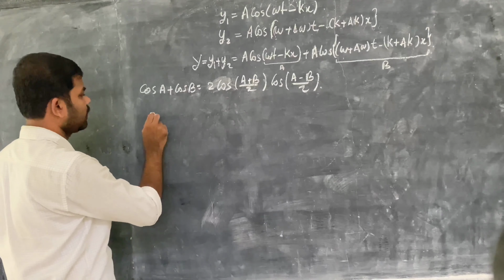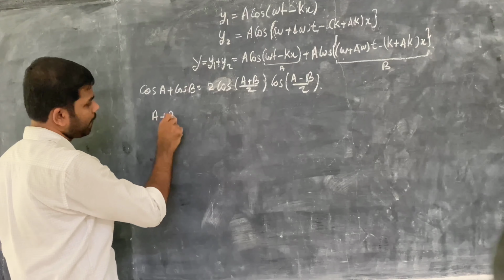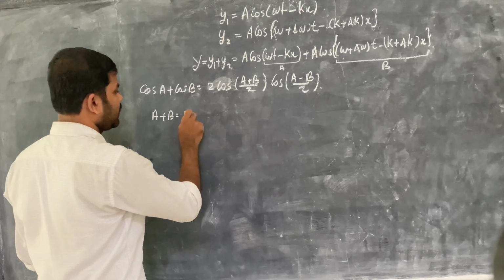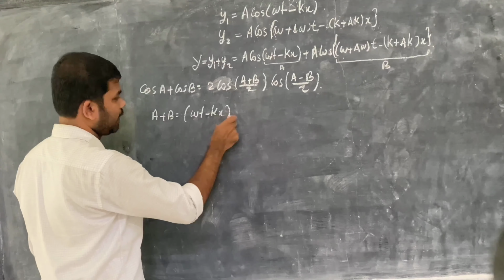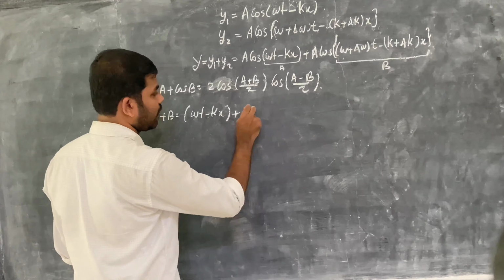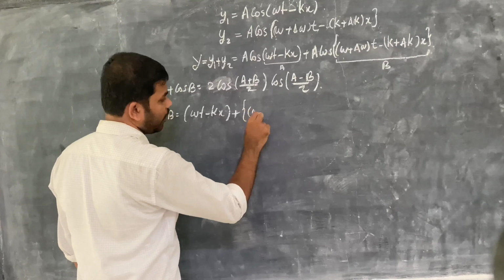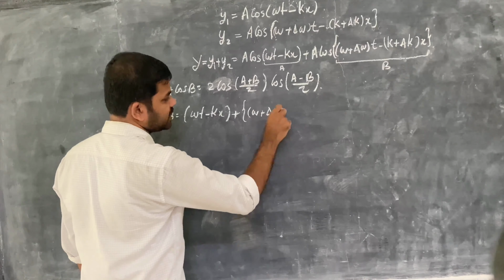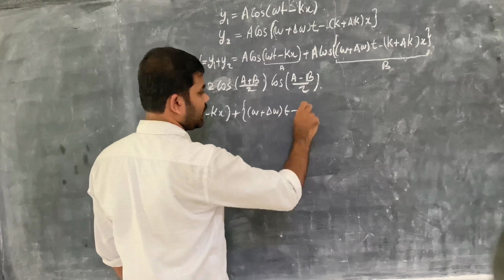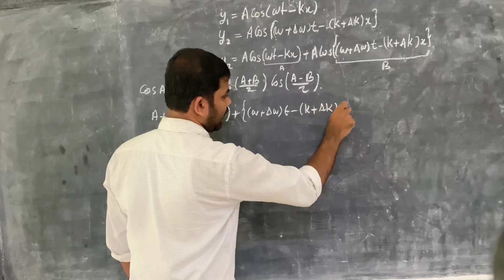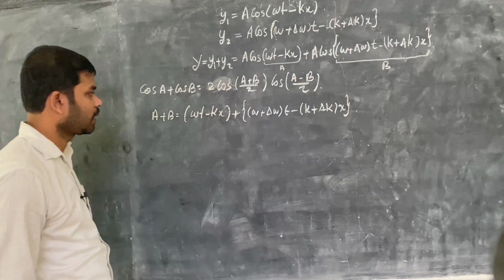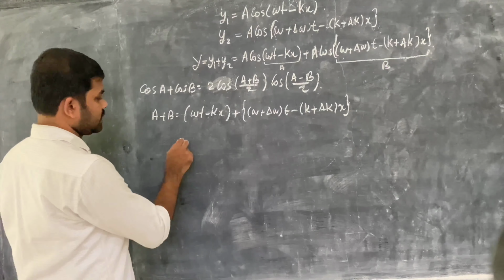First we can calculate A plus B. A plus B is equal to (ωt − kx) plus [(ω + Δω)t − (k + Δk)x].